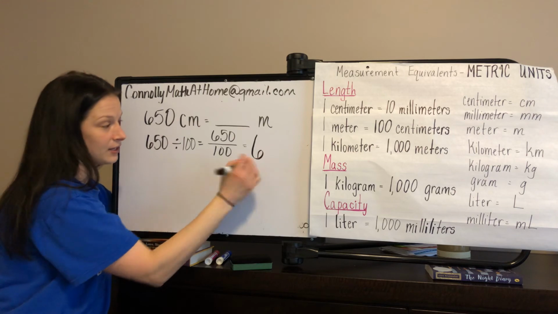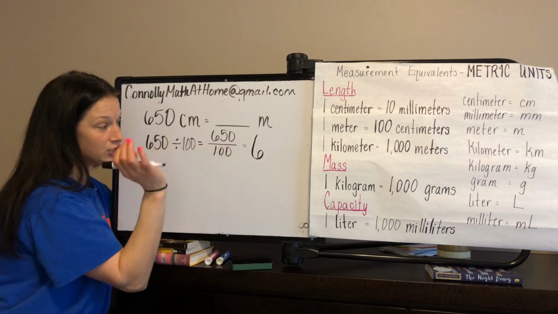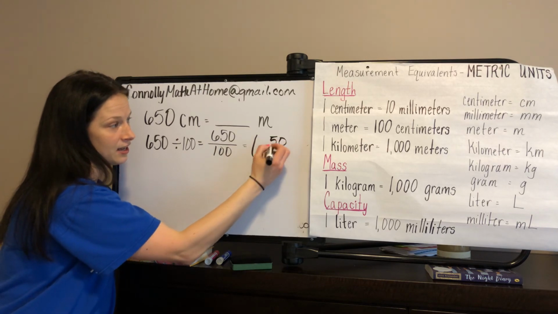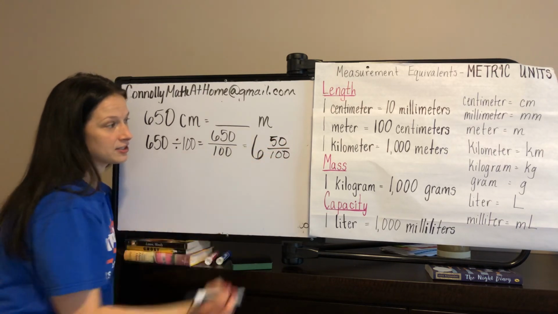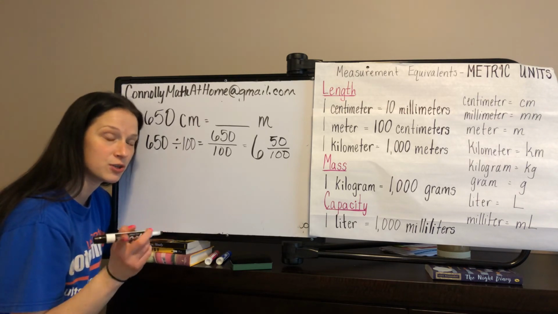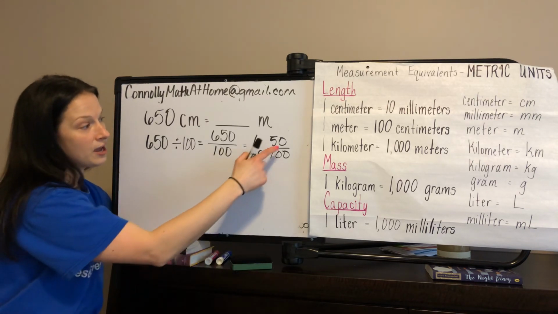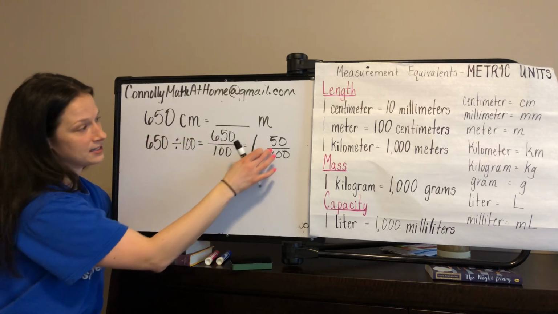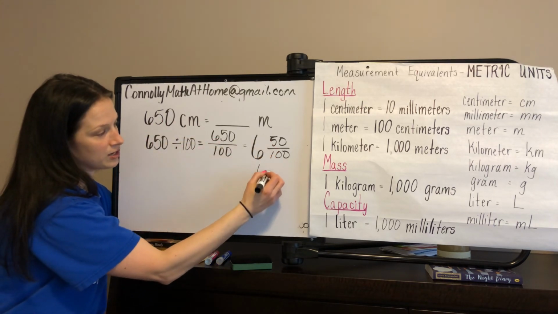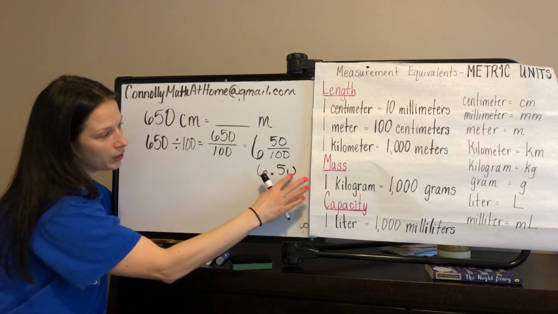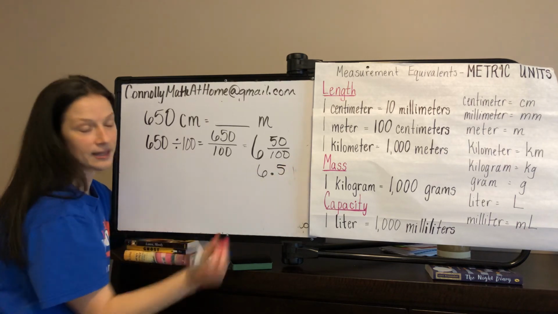6. Okay, so I've taken out 600 hundredths, and I have 50 hundredths left. There's a video on changing improper fractions to mixed numbers, so check that out. So I know that 650 centimeters is the same as 6 and 50 hundredths, which can be written like this, or like that.